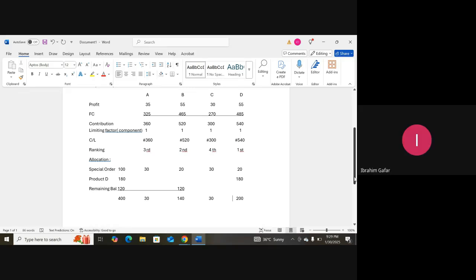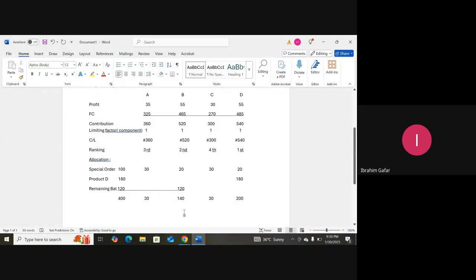Then after getting this allocation, are we together? Yes, sir. After getting this allocation, let's now go to our requirement. Our requirement says determine the optimal production mix and the resulting profit for the period and in total in the coming month.